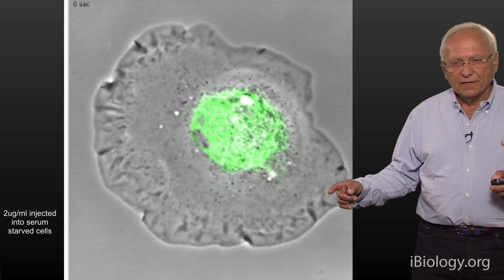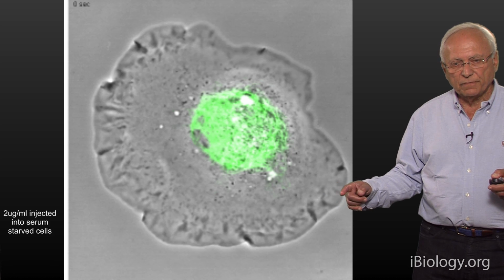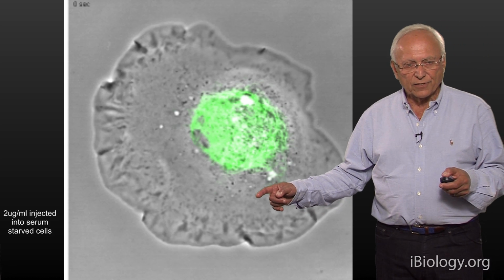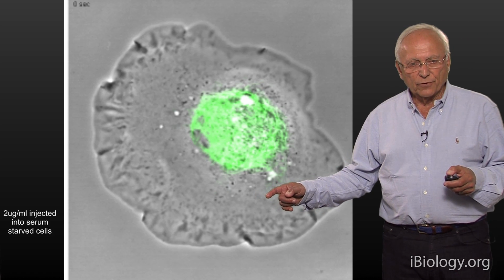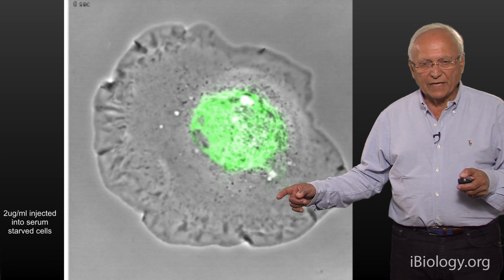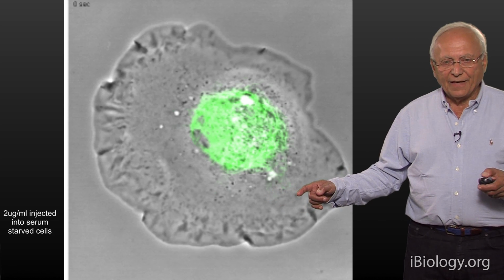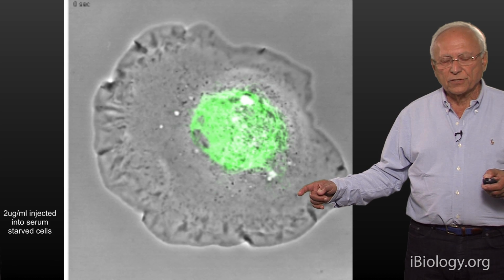In the next slide, I just want to show you a movie of a cell which was injected with a relatively high concentration, 2 micrograms per mil of the 2B2 Vimentin mimetic peptide, and the filaments retracted.